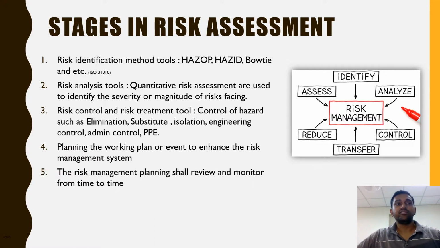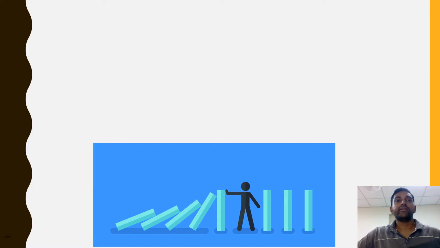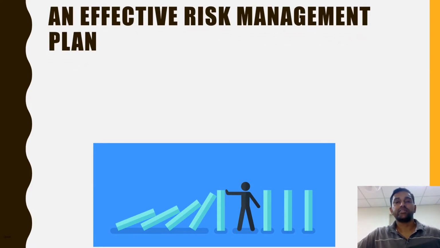And the risk management plan shall be monitored from time to time. Once we have developed all the risk identification and risk assessment, we need to review them from time to time.